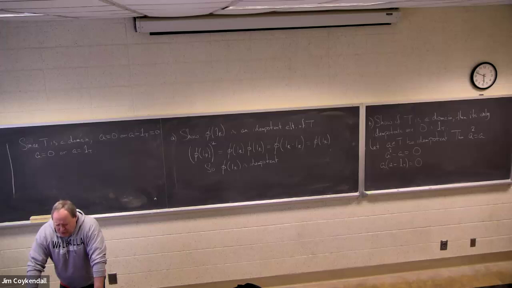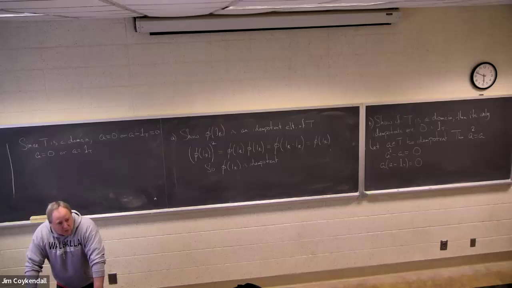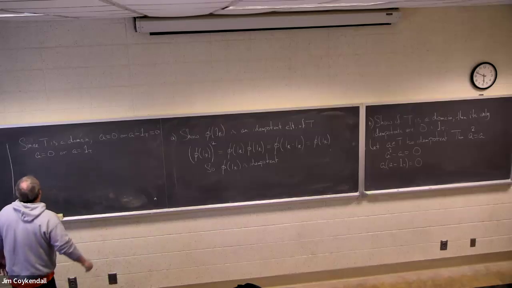Finally, show that if T is an integral domain and phi is not the zero homomorphism, then phi of 1_R is equal to 1_T. So this is the final proof.